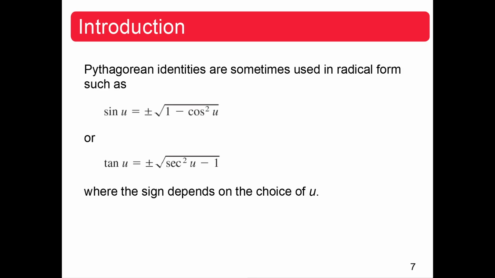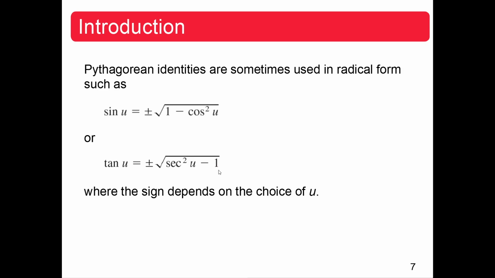For example, if we take sine squared u plus cosine squared u equals 1, subtract cosine squared u from both sides, and then take the square root of both sides, we have a radical expression for sine of u. Sine of u is plus or minus the square root of 1 minus cosine squared u. The sign of this final radical expression is going to depend upon what u is, meaning which quadrant we lie in based upon our value for u.